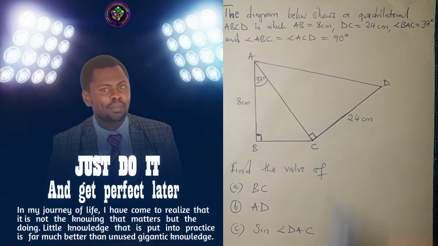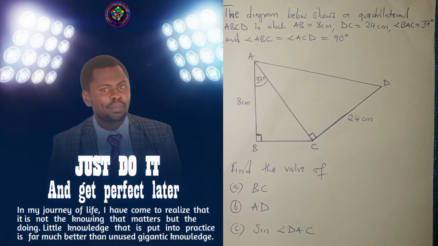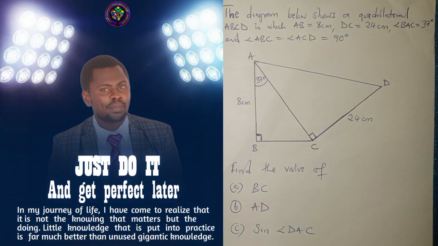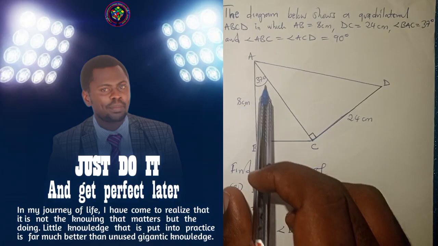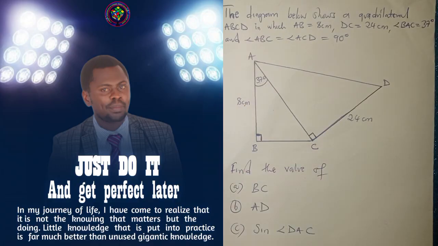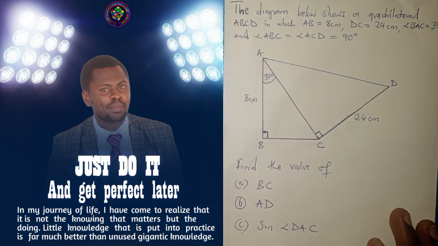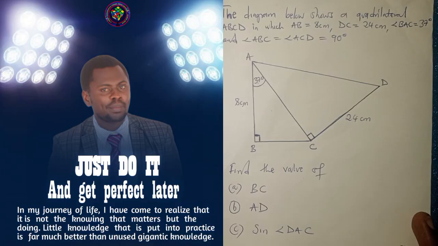Okay, so this AC with regards to the angle will be the hypotenuse. Then this side we have will be adjacent according to the angle 37. So when we have hypotenuse and adjacent, then we can use cosine.